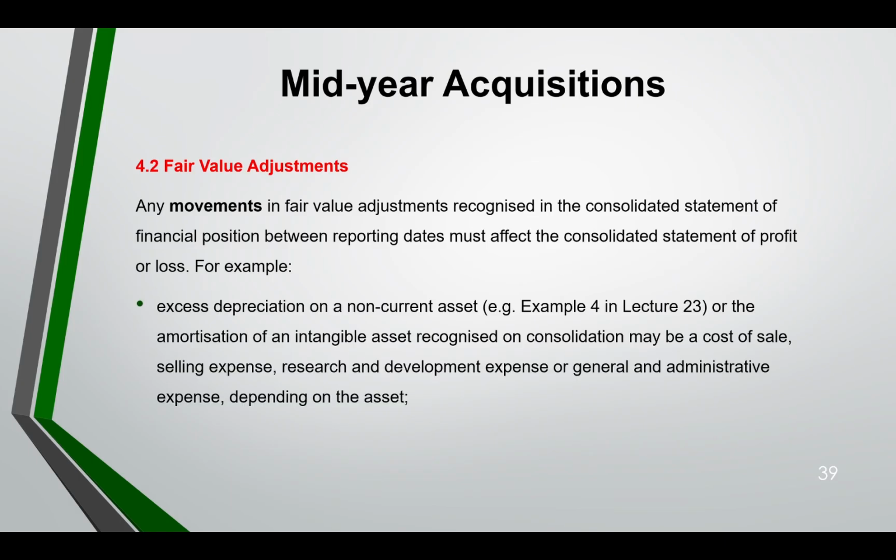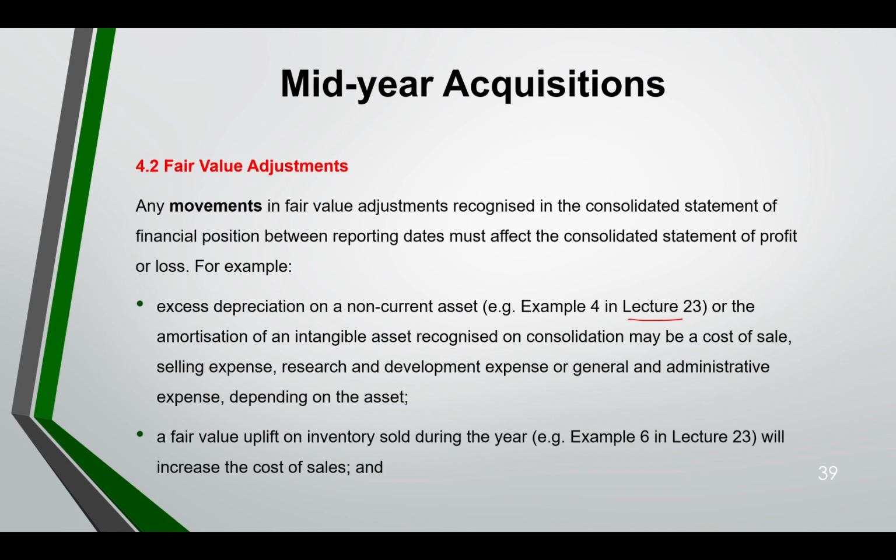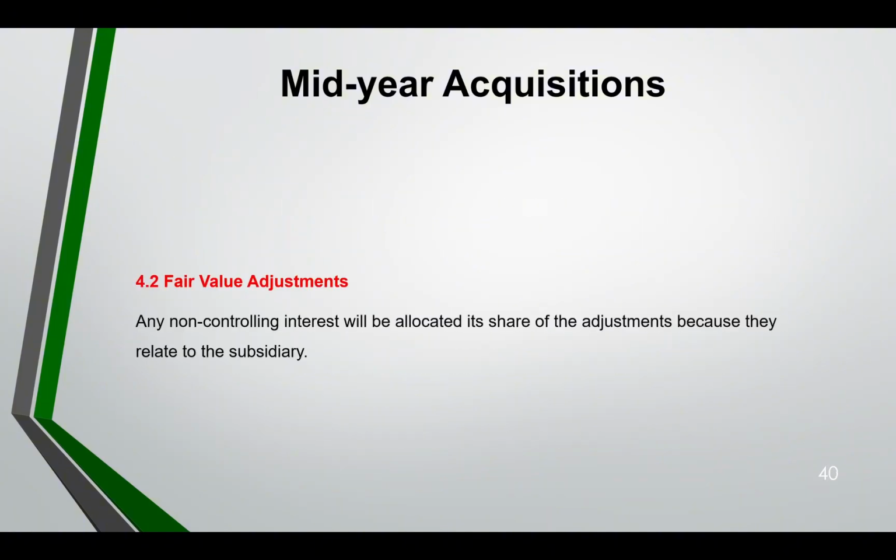For example, if there's an excess depreciation on your non-current asset, see example 4 in lecture 23, or amortization of your intangible asset, that was recognized in your cost of sales, selling expense, research and development expense, or general and admin expense. Then, when there is a fair value uplift on inventory sold during the year, you can see example 6 in lecture 23. This will increase your cost of sales also. And any NCI will be allocated its share of the adjustments because it relates to the subsidiary.